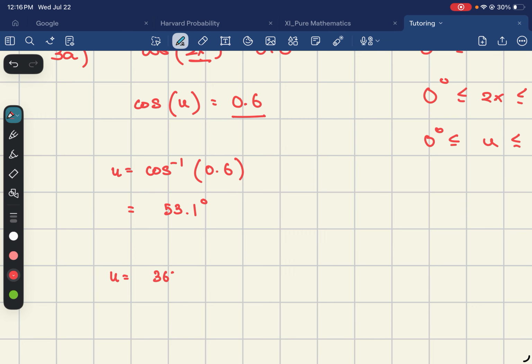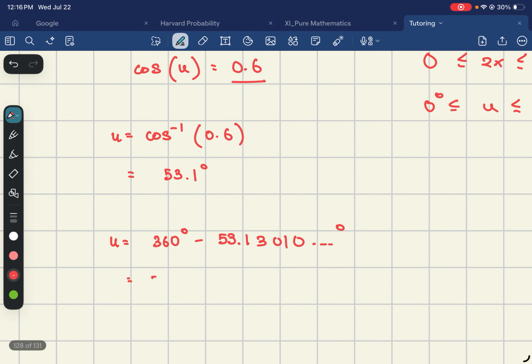Well, it's going to be 360 degrees minus 53.1 degrees. I'm just going to keep the full values because I also need to do one more operation: 53.13010235 degrees and 306.86989765 degrees. But remember, u is 2x.